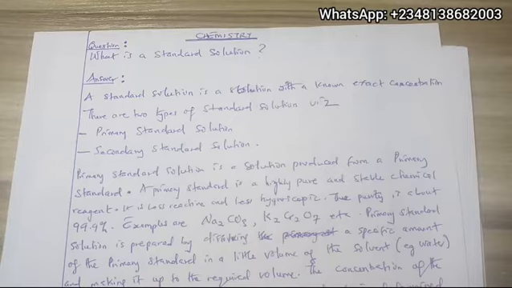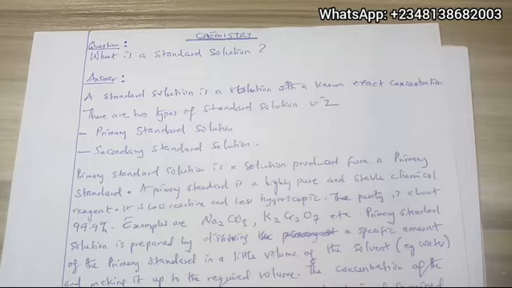What it means is that if you weigh a specific amount, say 10 gram of a primary standard, you are sure that it contains 10 gram or approximately 10 gram of the pure substance. That's what it means by having a high purity.